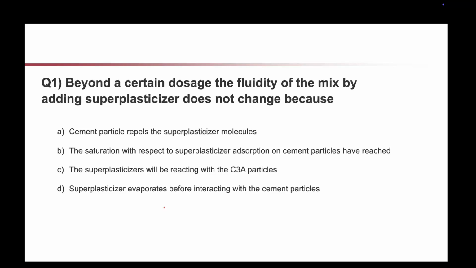Yeah, B is correct. Once you have reached a saturation point, your superplasticizer won't react with any other particle, and you will get a similar optimum dosage in each case.